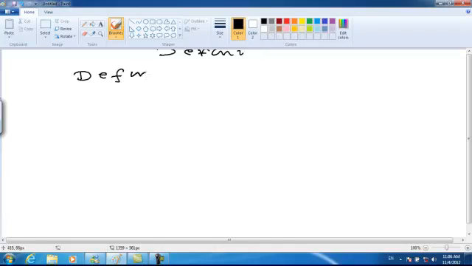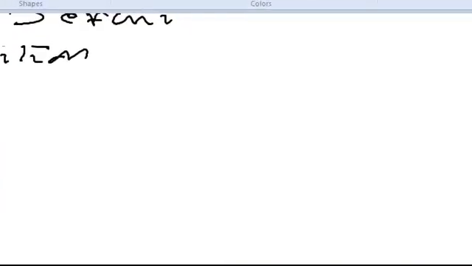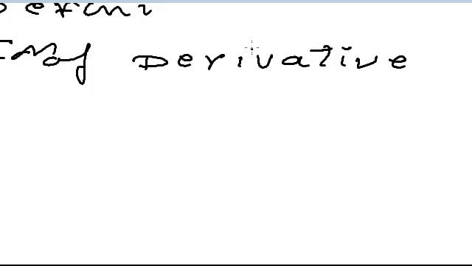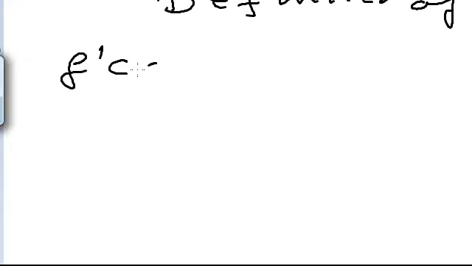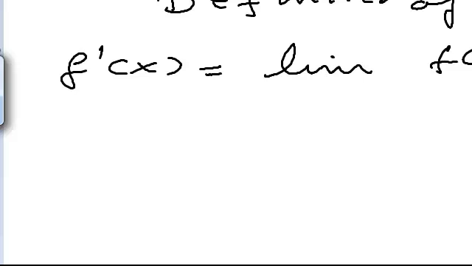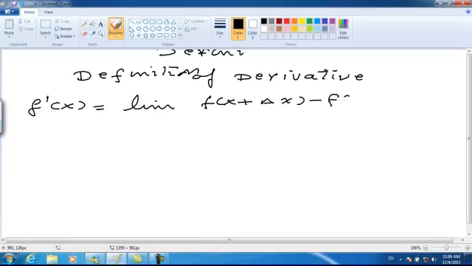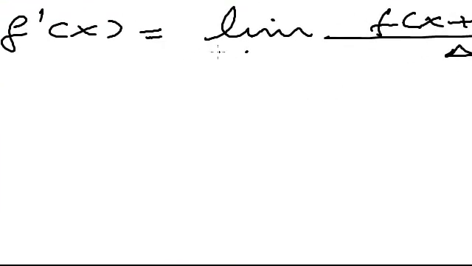Definition of derivative. f dash of x equals the limit of f of x plus delta x minus f of x, divided by delta x, as delta x tends to 0.